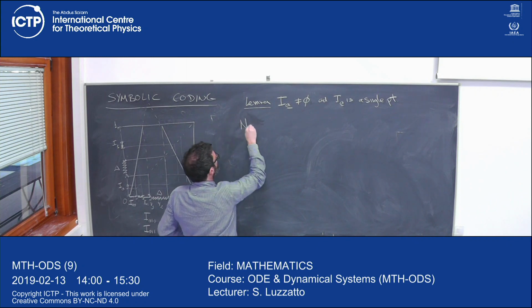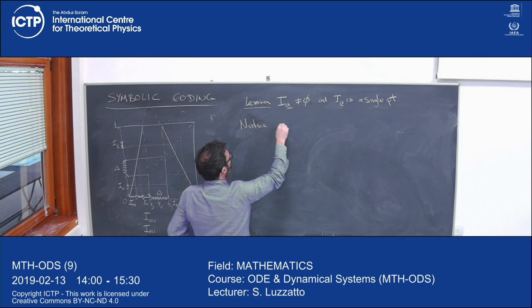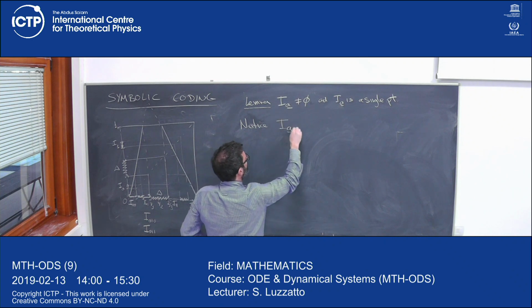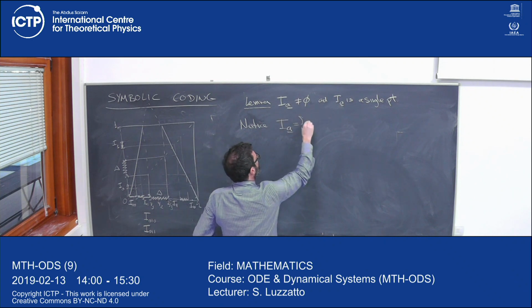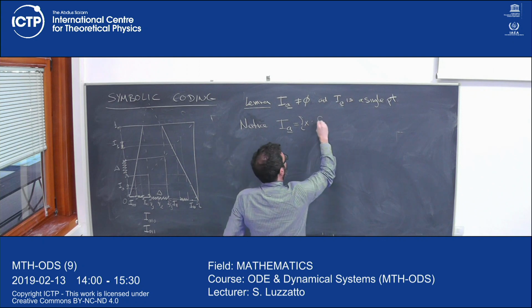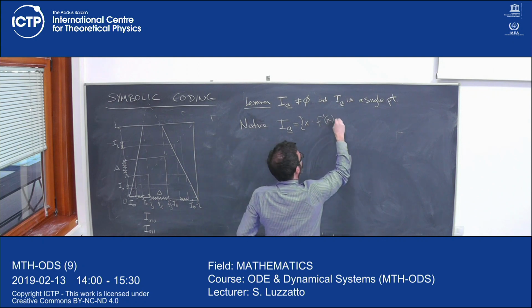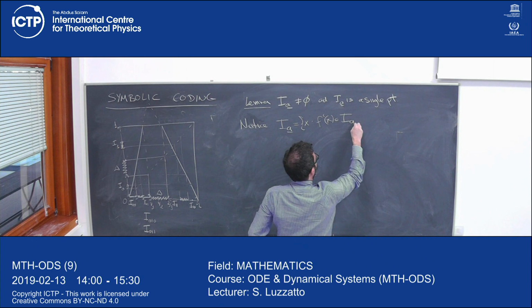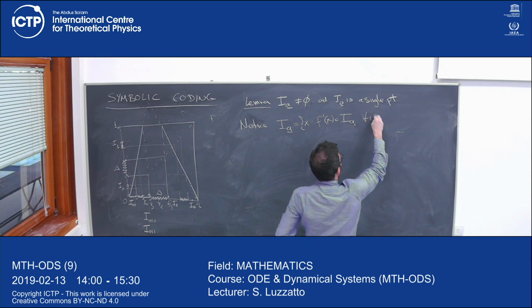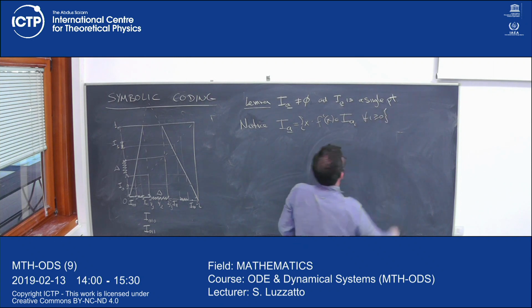Notice that I bar of A is exactly equal to the set of points where Fi of x is in I_{A_i} for all i greater than or equal to 0.